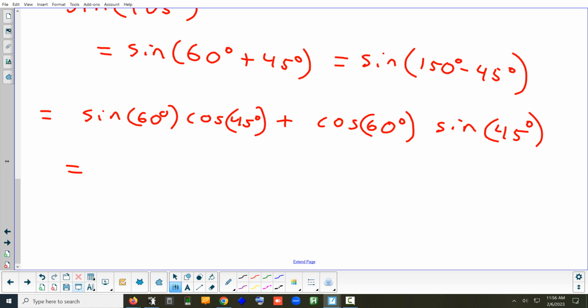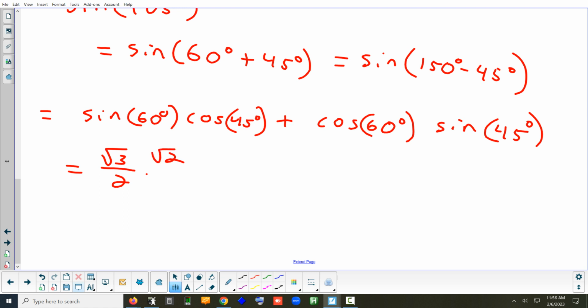Now let's go through it. Okay, what's the sine of 60? Yeah, you gotta get a little quicker at those. So root 3 over 2. What's the cosine of 45?